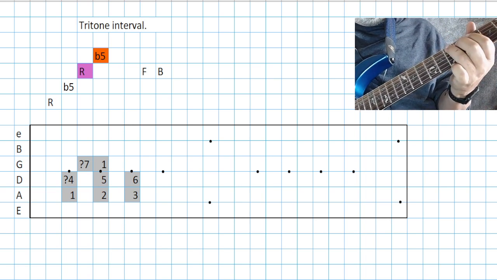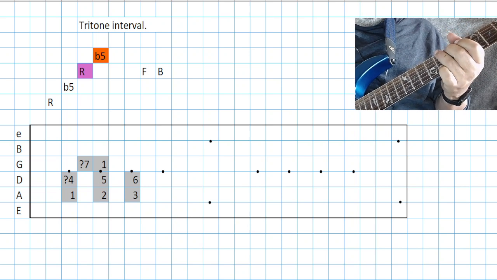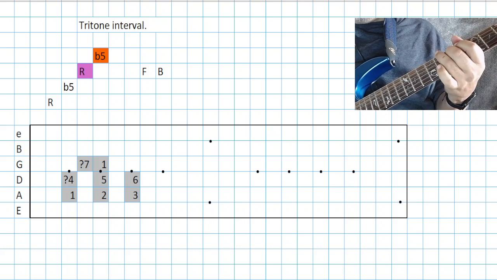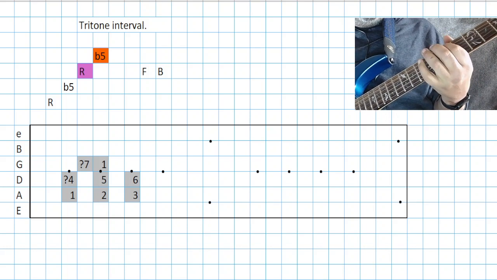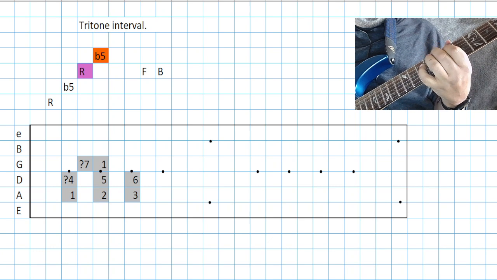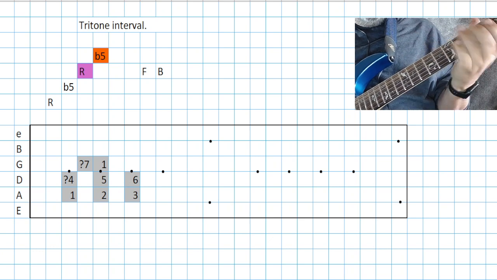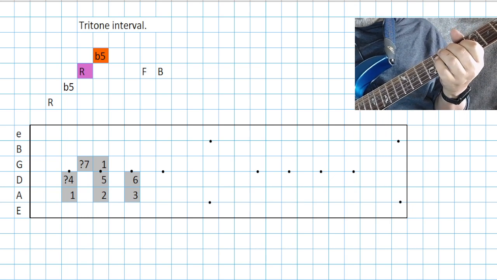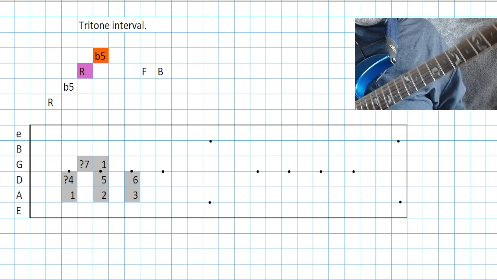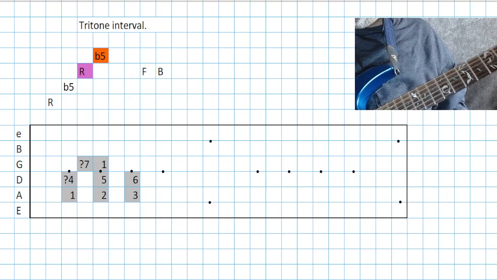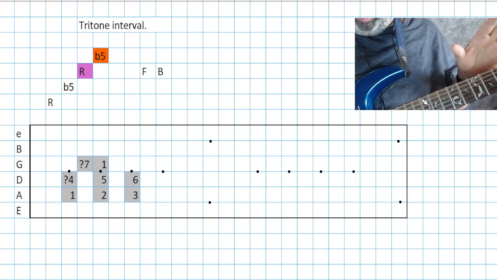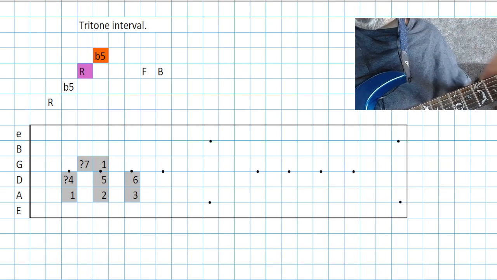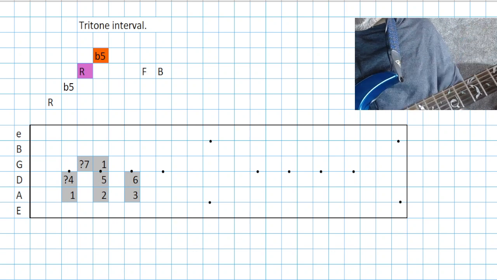So that's why you get different size intervals, a 6 or a sharp 5, or a different functioning major third. Okay, so that's one thing about its structure that makes the tritone somewhat unusual and interesting compared to other intervals.